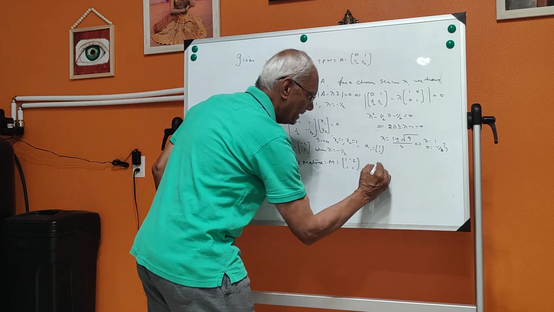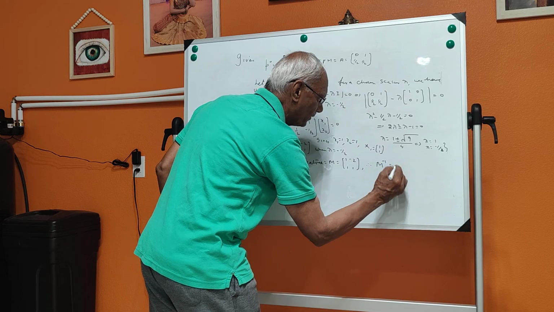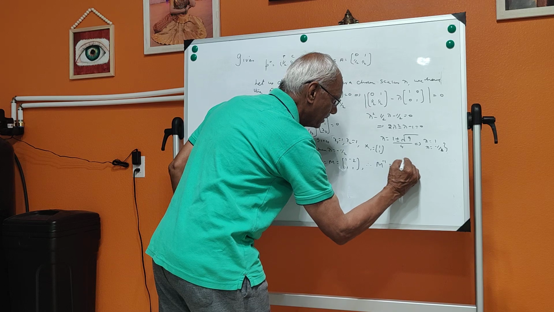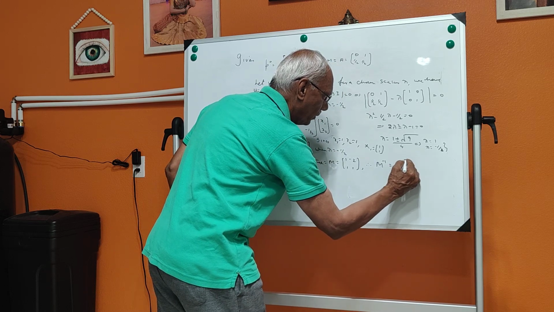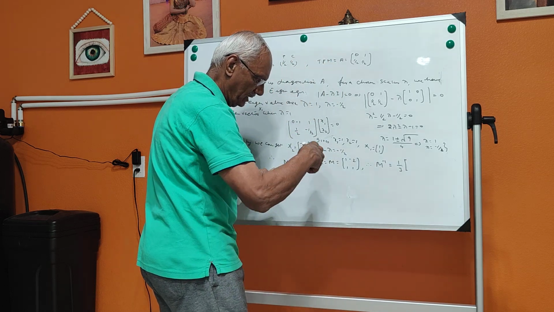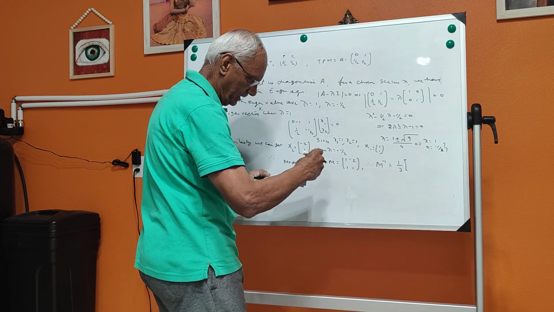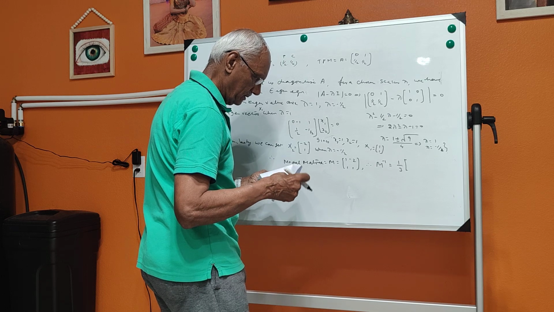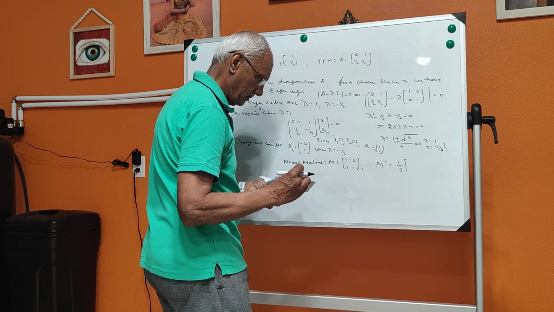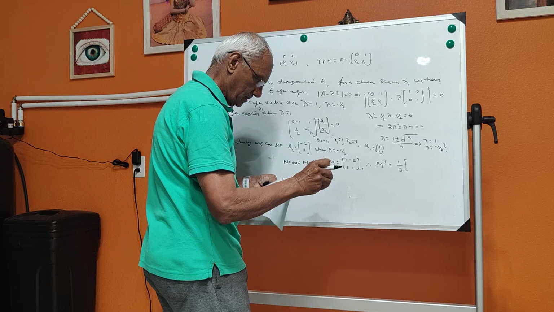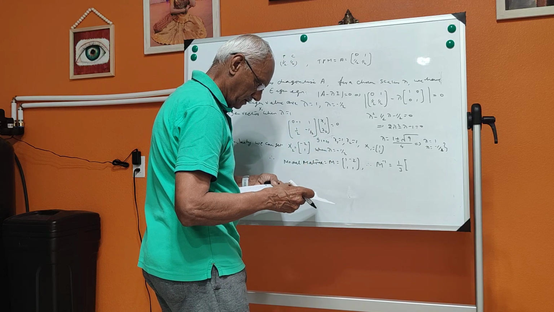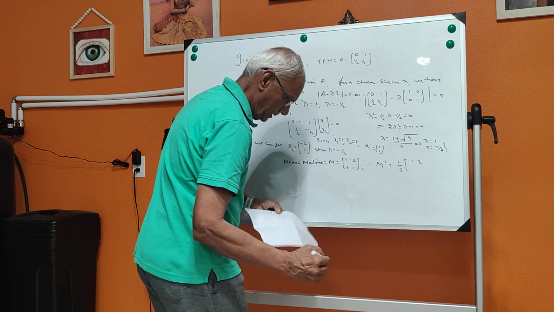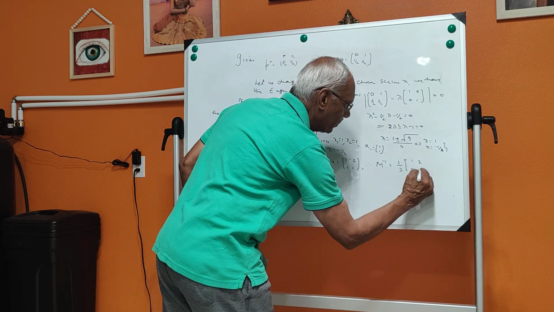Therefore M inverse, the inverse of that, is nothing but 1 by 3 of, I will give you the answer for that also, 1, minus 1, 2, 1.